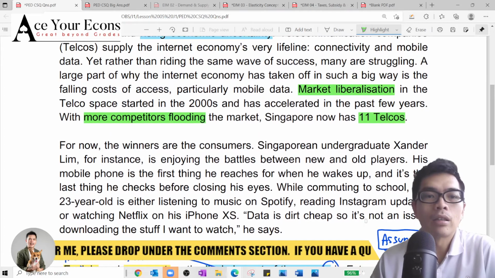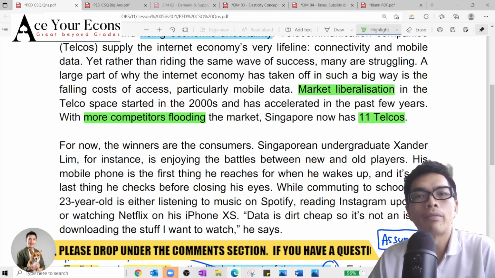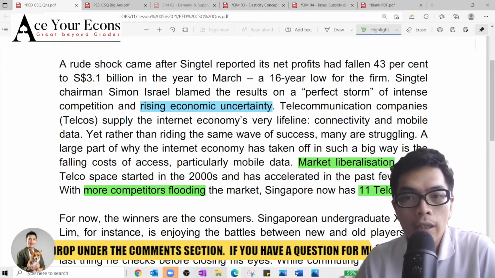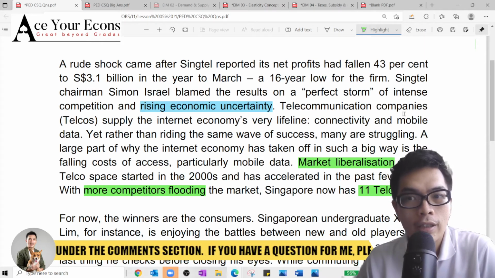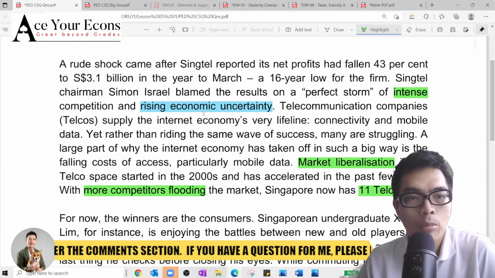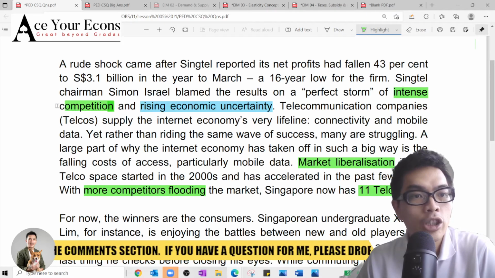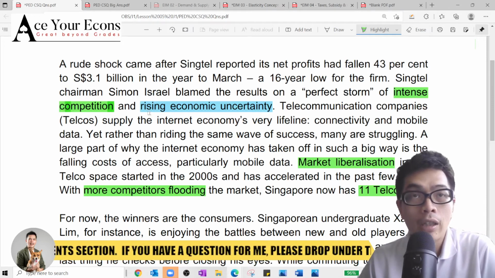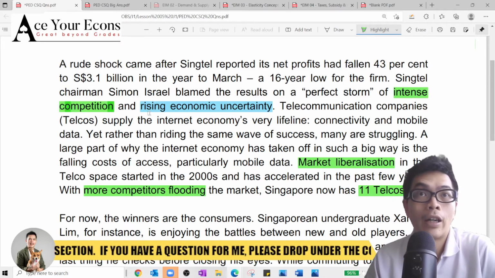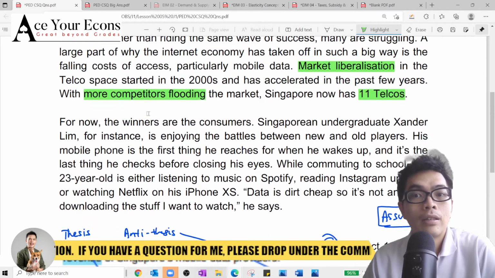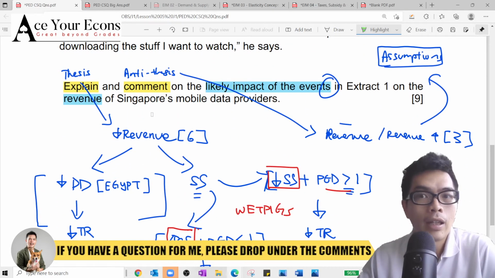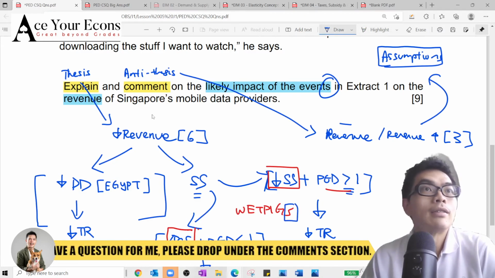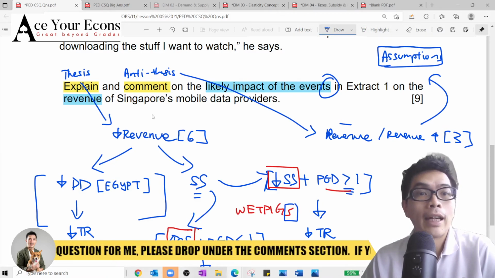It means that there is opening up of the telco market for more competition. All this tells us, and one more, intense competition. So these 4 points in green tell us that there is one specific alphabet in place, and the specific alphabet is number of sellers.